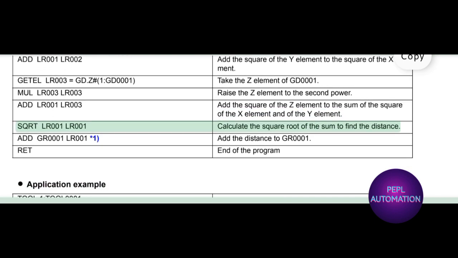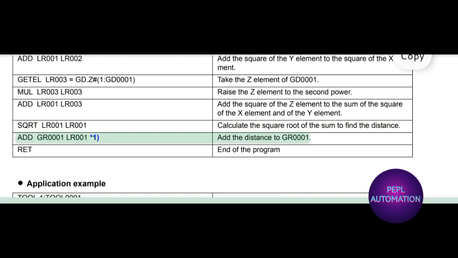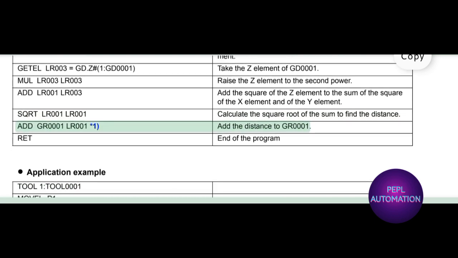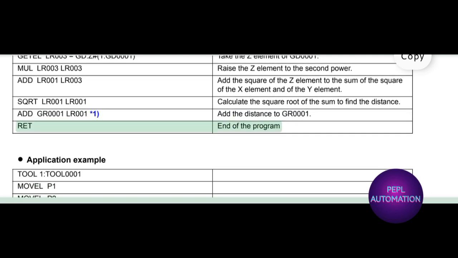SQRT LR001 LR001: calculate the square root of the sum to find the distance. Add GR001 LR001 *1: add the distance to GR0001. Ret: end of the program.